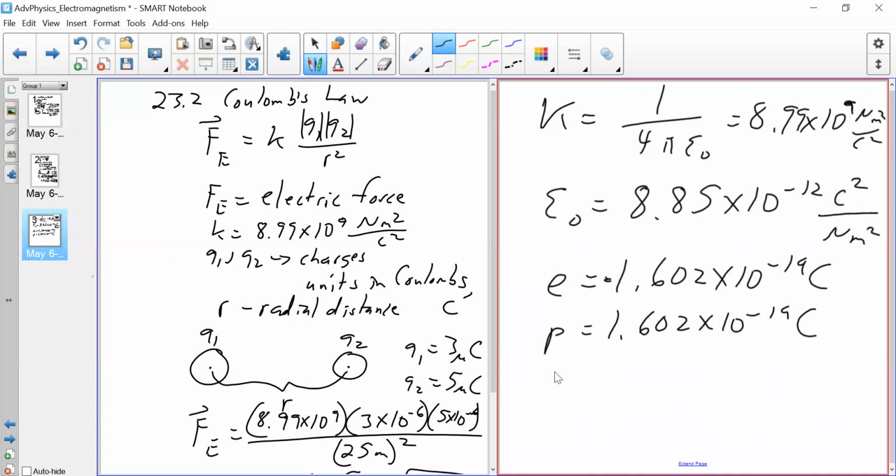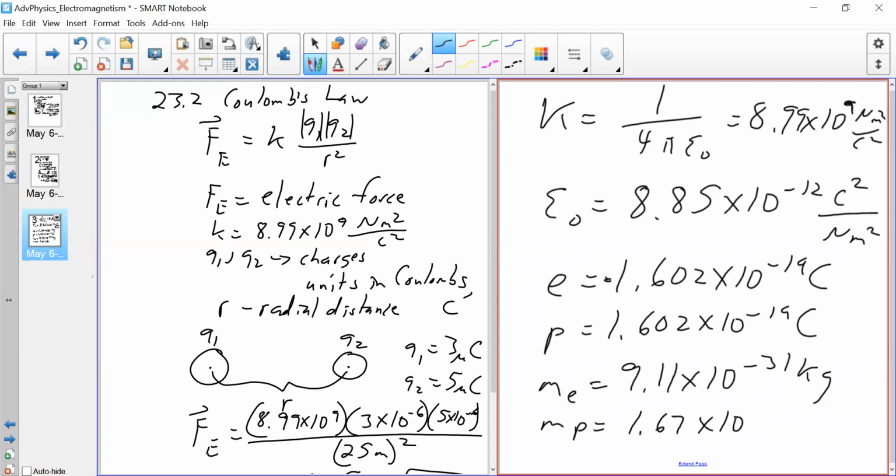Then the electron mass, m sub e, is 9.11 times 10 to the minus 31 kilograms. The mass of a proton is 1.67 times 10 to the minus 27 kilograms, about 10 to the fourth times heavier than the electron.